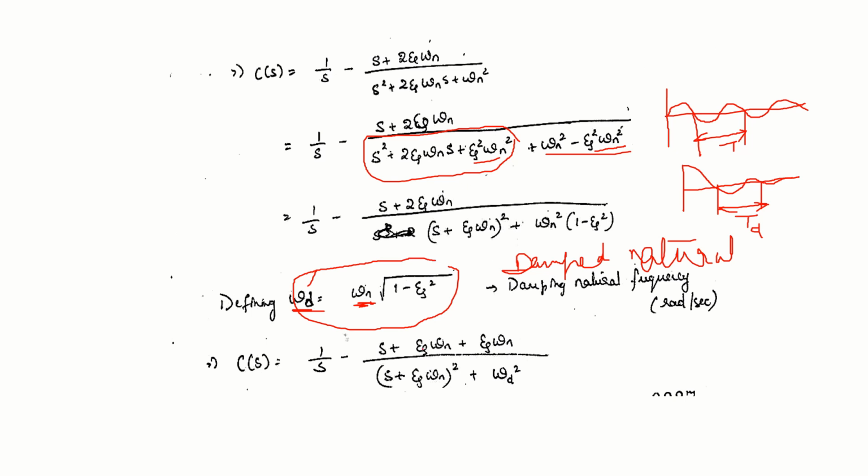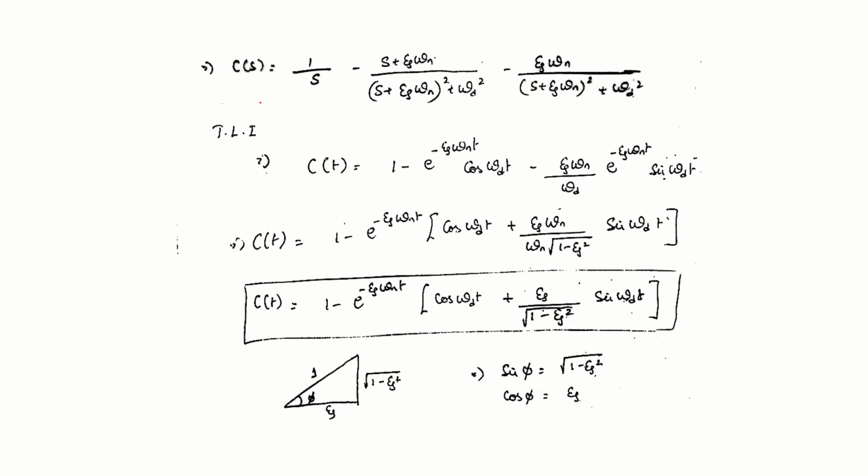So in the numerator also, let me split this as s plus zeta omega n, so that now I can separate them out. So 1 by s, plus s plus a divided by s plus a whole squared plus b squared, minus zeta omega n times 1 by s plus a whole squared plus b squared, we can say that way. So now I can take inverse Laplace. Laplace inverse of C of s is C of t. Laplace inverse of 1 by s is 1.